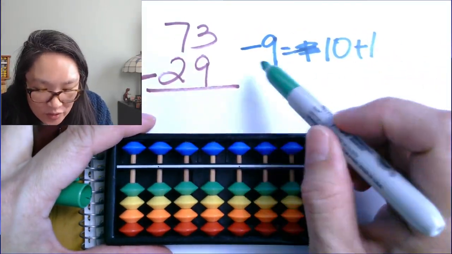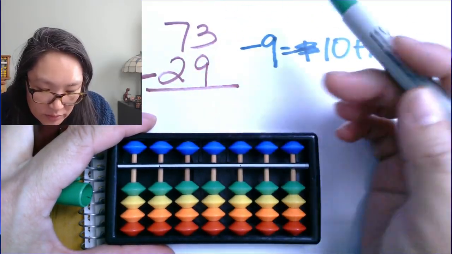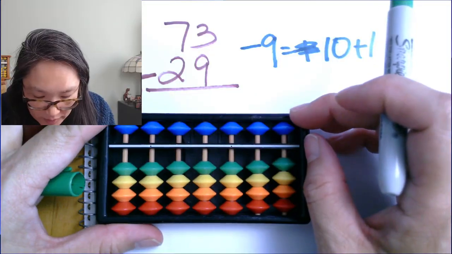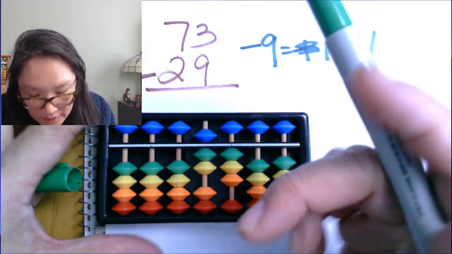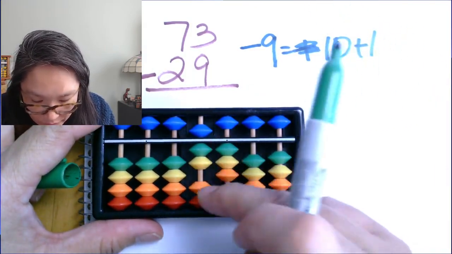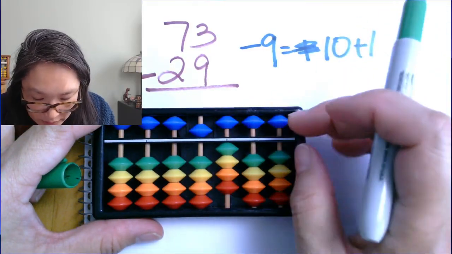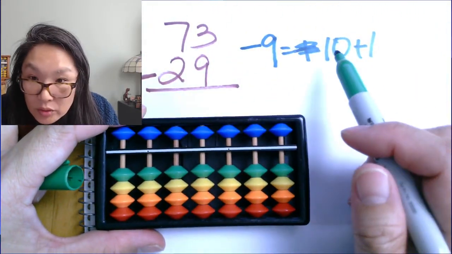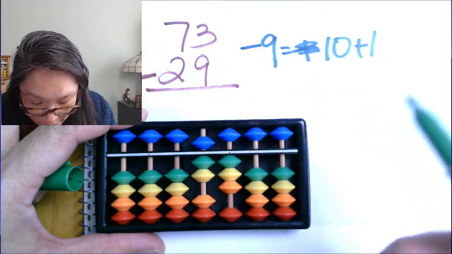There's nothing wrong with what you just did. But you would have to remember. So 73, and then we take away that, and then we would have to add the 1. You could do it. It's just not Abacus. So, sorry, we're back to here. 73, sorry, I have to focus.